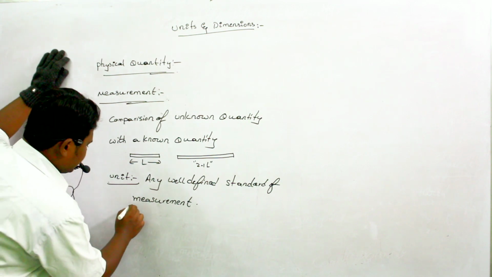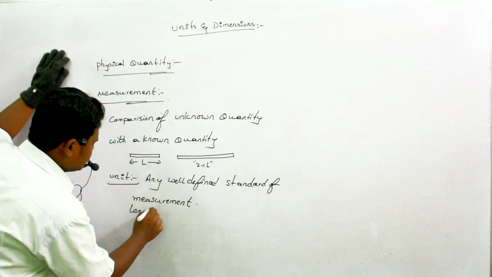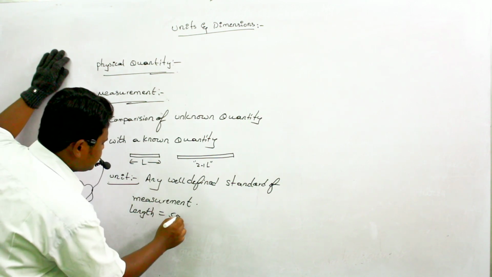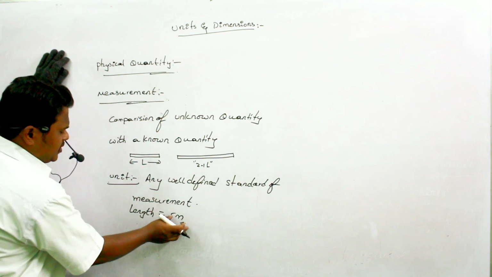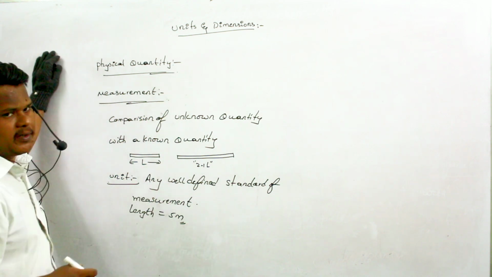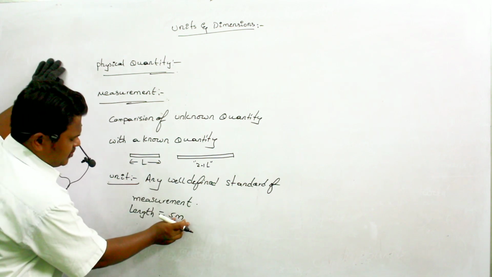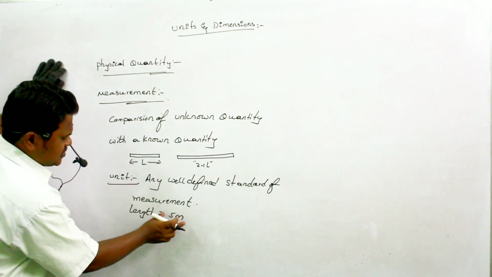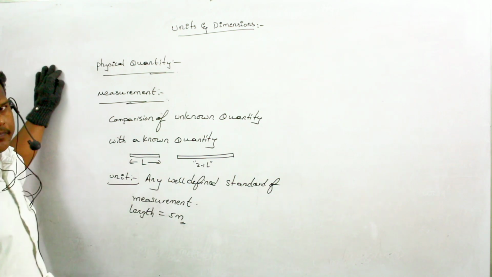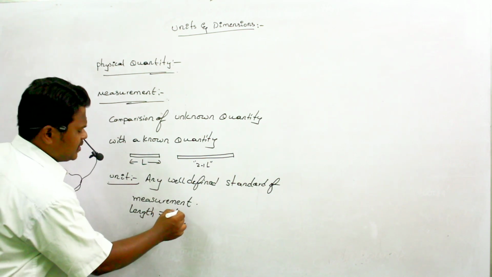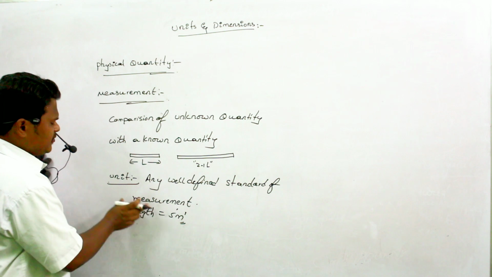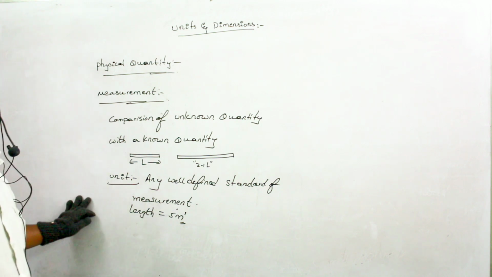For example, if I write length is equal to 5 meters, then we know exactly what is the meaning of 1 meter. So 5 meters means, in comparison to 1 meter, this particular body has a length of 5 times that meter. So here meter is well defined, and this meter we can call the unit.